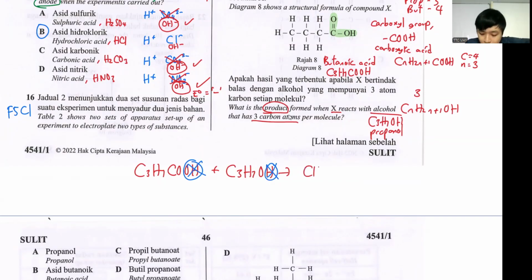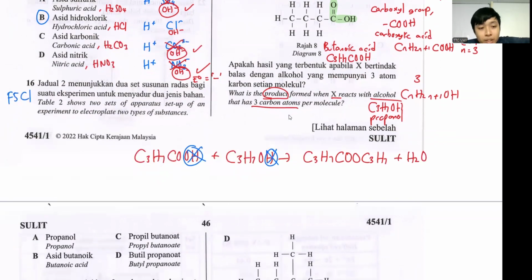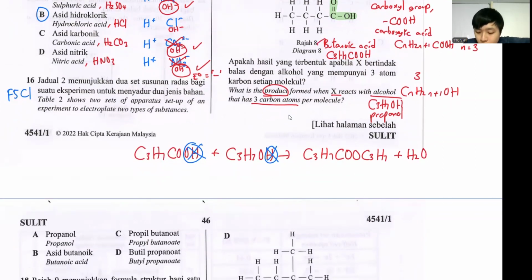So you combine C3H7COO C3H7, and H2O. But they want the name, right? So basically butanoic acid and propanol form an ester. Yeah, this is an ester.